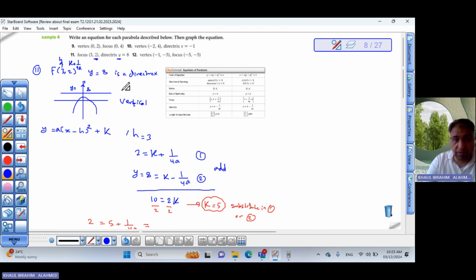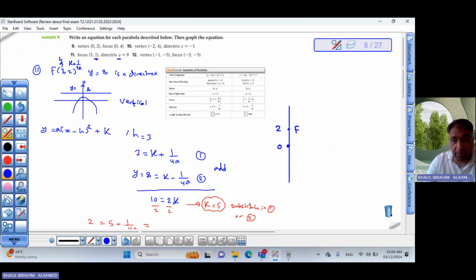This is the direction of this parabola, on vertical, up or down, we don't know. Then we determine if up or down. Okay, I explain how to find this. This is the vertical axis. The focus is here, 0, and this is 2 here.